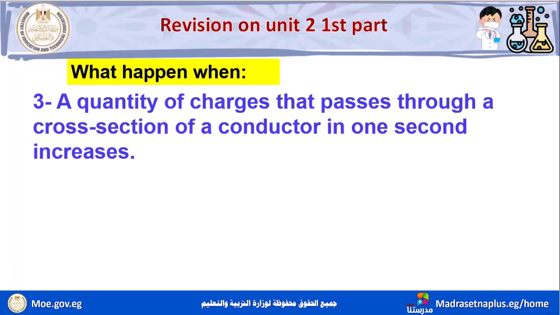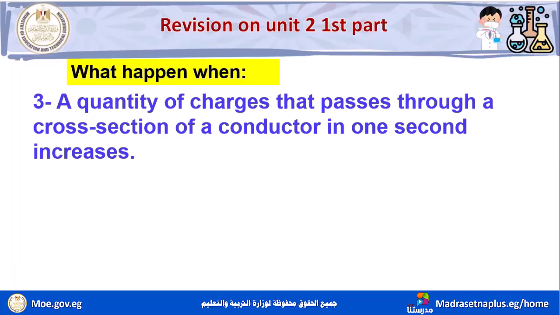Question number 3, a quantity of charge that passes through a cross section of a conductor in 1 second increases.